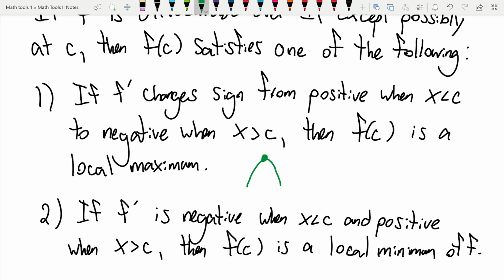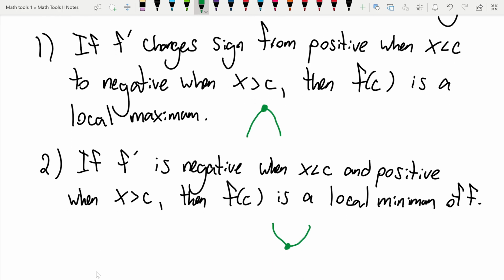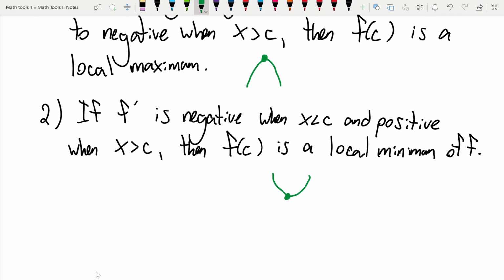Okay, so again, if you just draw a quick picture here, if you have C, so the derivative is negative on the left, positive on the right, it'll look something like this, again giving us that picture of a local minimum.